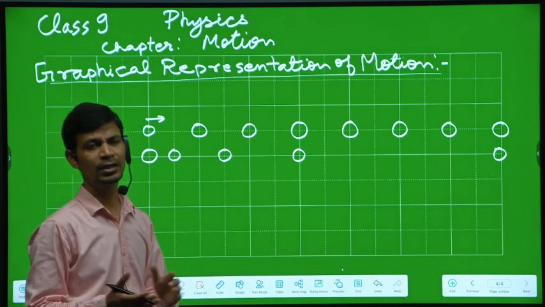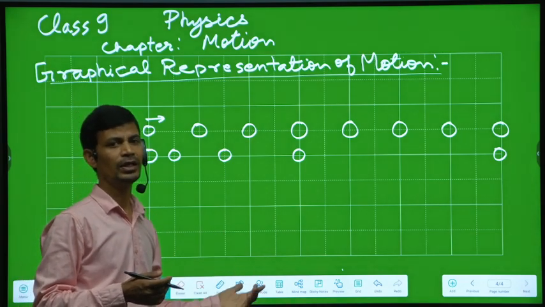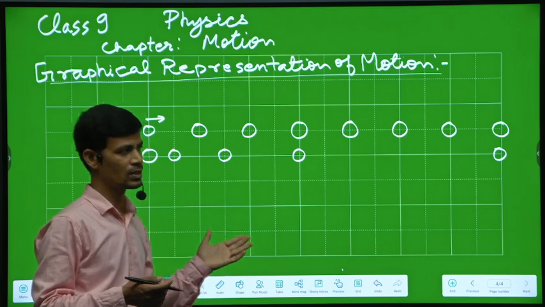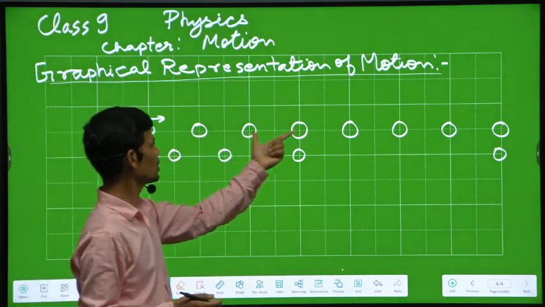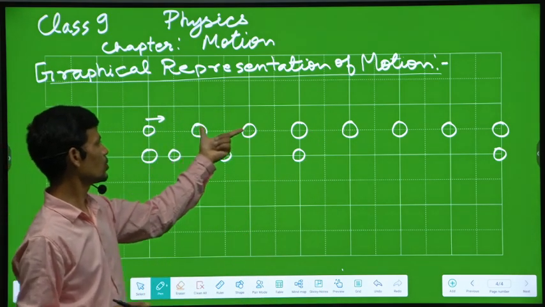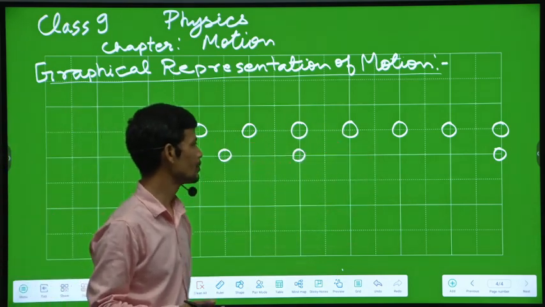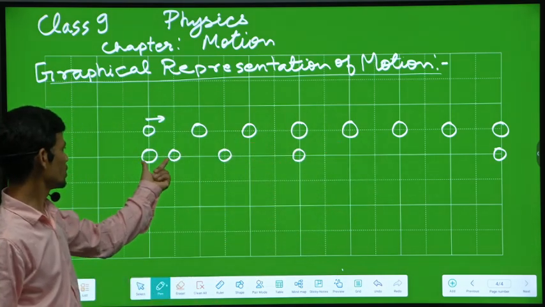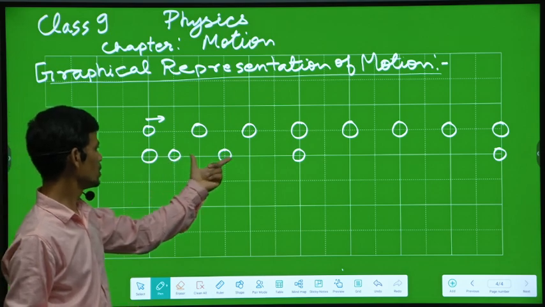I am considering 1 second so that I can easily correlate with its velocity. Its velocity here is constant, distance upon time, time is 1 second. So, its velocity is the same, whereas here its velocity is increasing.